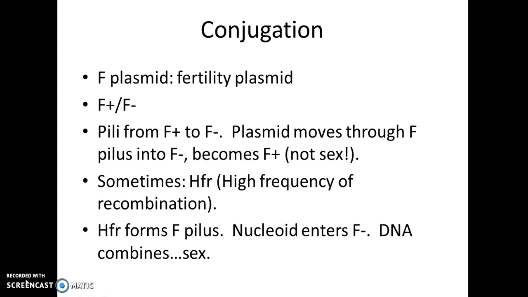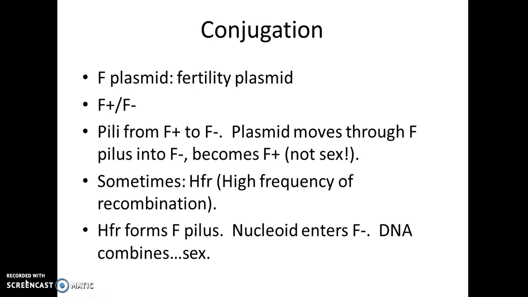Three ways. Now, this needs to have something known as the F plasmid, which is the fertility plasmid. If a prokaryote cell has the fertility plasmid, it is called F plus. If it does not have the fertility plasmid, it is known as F minus.